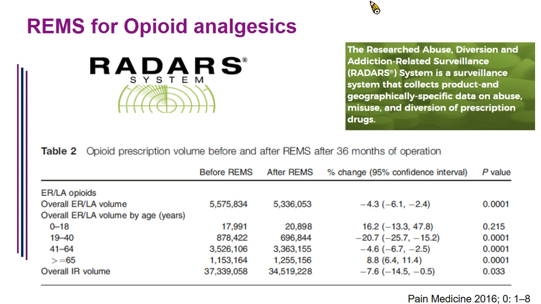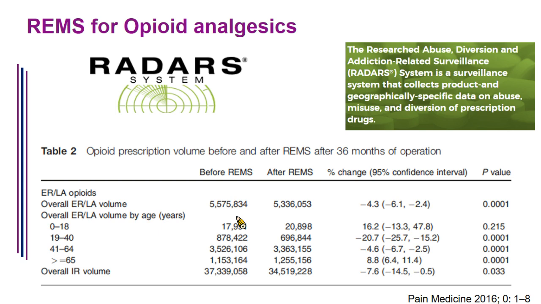As you can see from the tables, after implementation over a 36 month study period, it's not a very long period though, the REMS program is useful to significantly decrease the opioid prescription volume. But we should notice that it's not a very long study period, and it's a less significant difference.